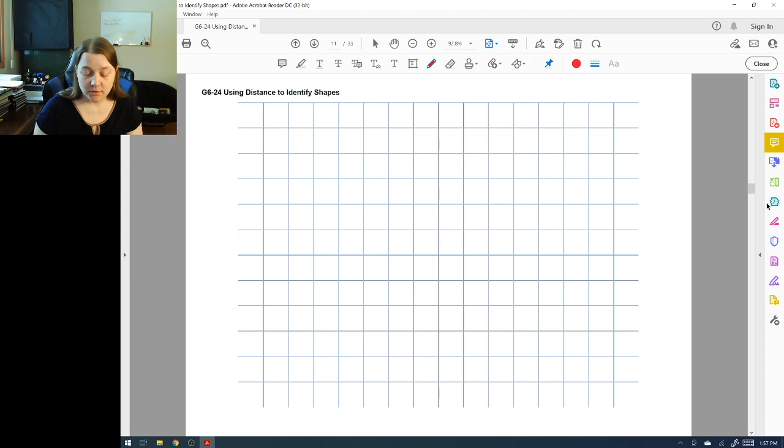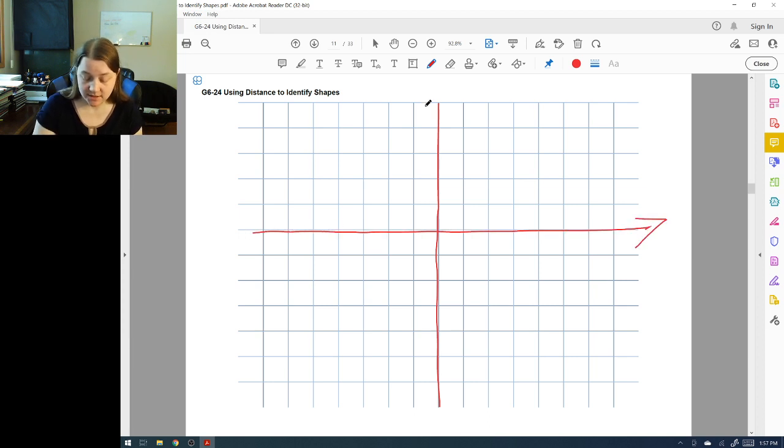So in order to plot these points and to make sure that I have enough room for these points, I'm going to adjust. I'm going to plot it in the center, but every square is going to be 2 spaces.